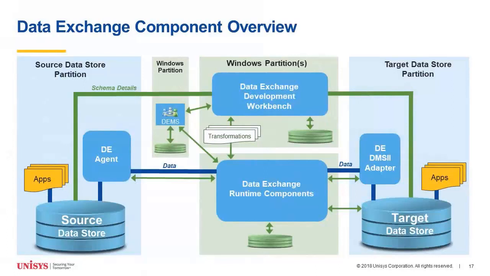The DEMS security service is invoked by various user actions. For instance, DEMS dictates whether a user is allowed to deploy, stop, or start a transformation. Whilst previous releases of Data Exchange targeted data stores that were database managers, DMS2, SQL Server, and Oracle, this release allows our clients to define messages that would be delivered to a topic on a Kafka broker. The DE runtime service becomes a Kafka producer.